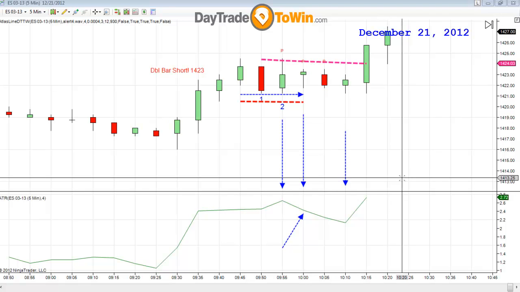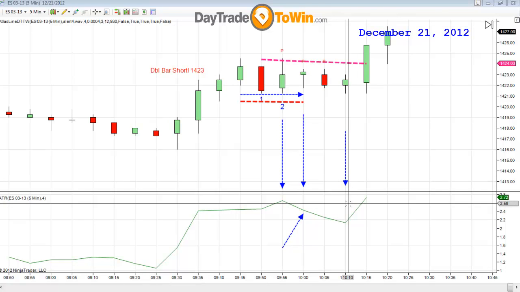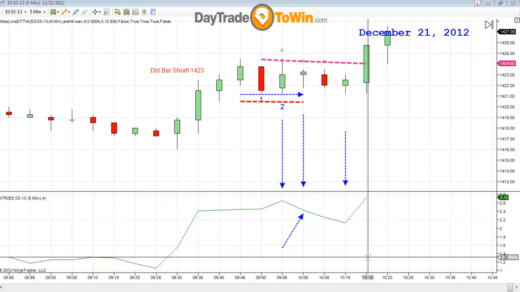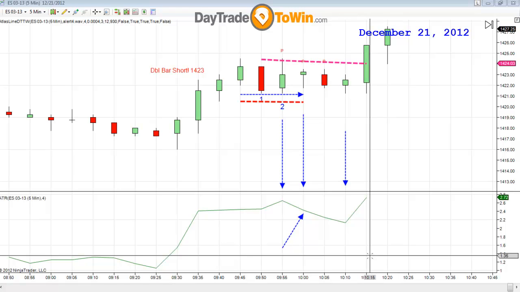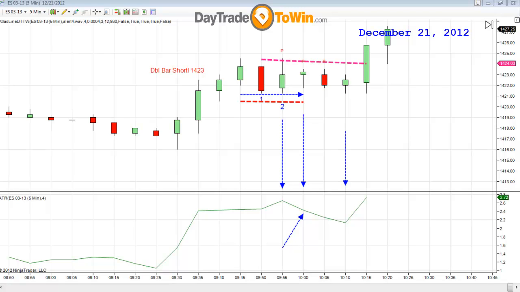Now, on top of the target, we have to talk about stops as well. So stops are also dynamic, and they have to be adjusted properly. If you have a one stop fits all scenario, then you're going to be in trouble, right?